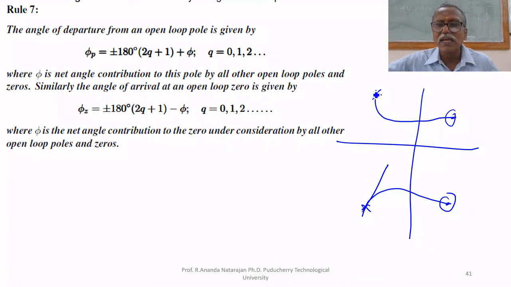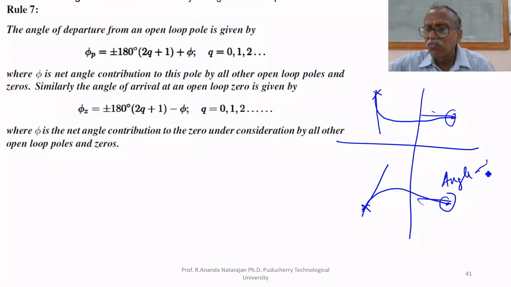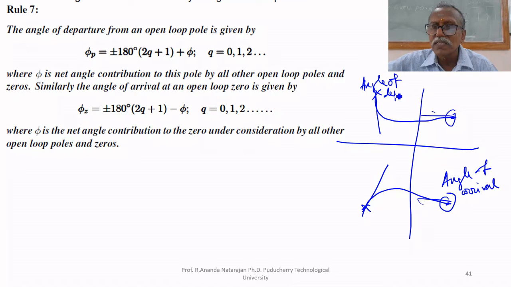At what angle does it reach the zero? This is called the angle of arrival, and this is called the angle of departure. We have to find both.